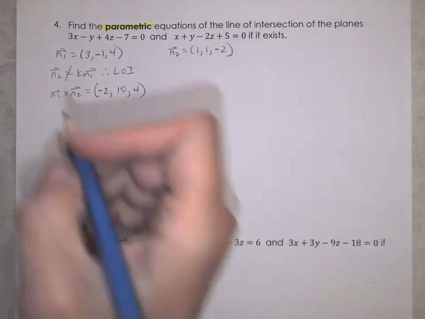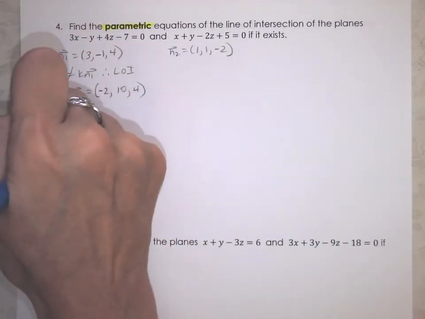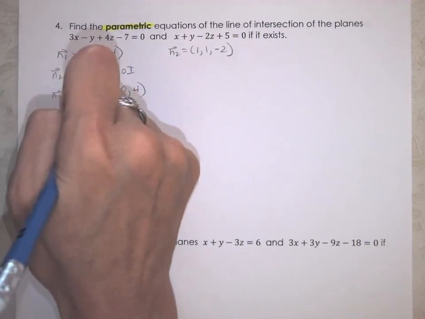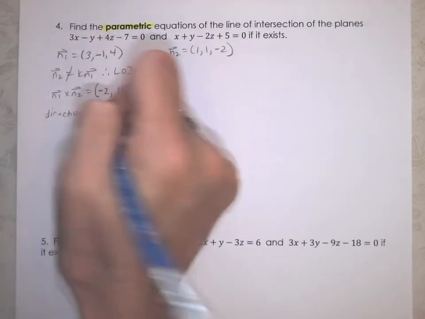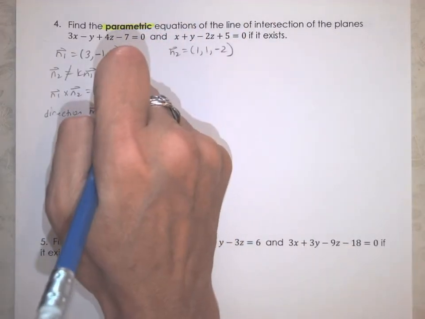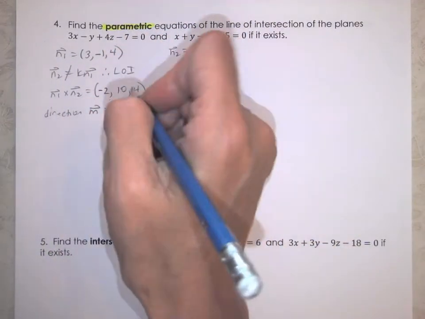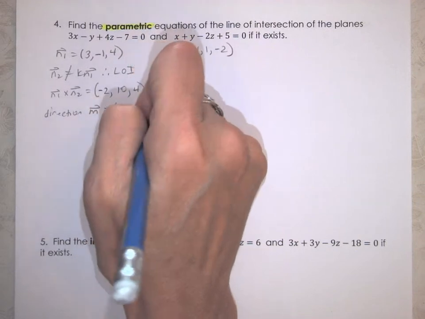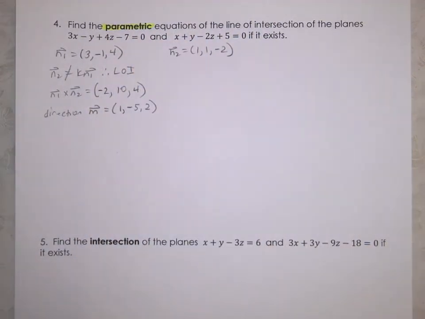And so I want my direction vector, and I'm going to divide each component by -2. So I'm going to make this +1, -5, +2 is my direction vector.